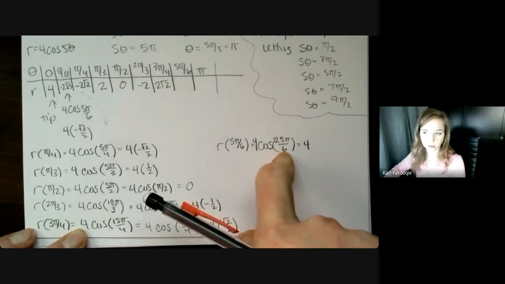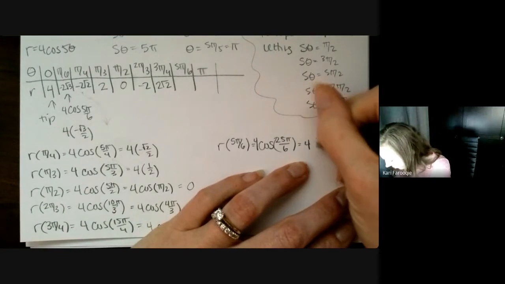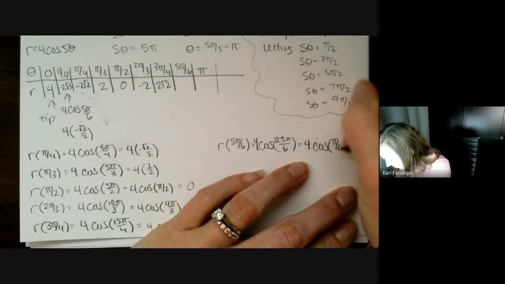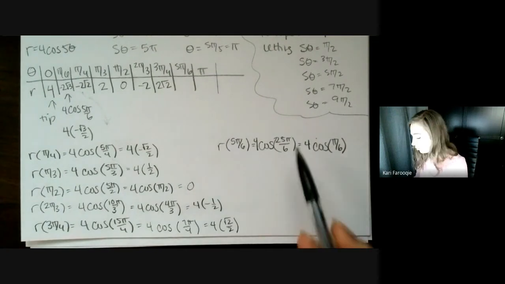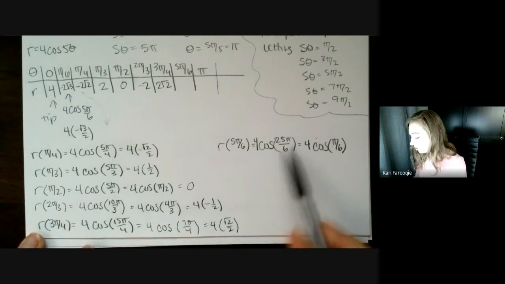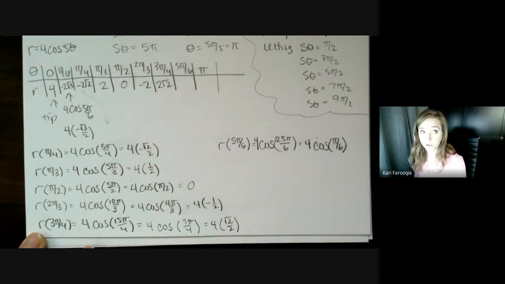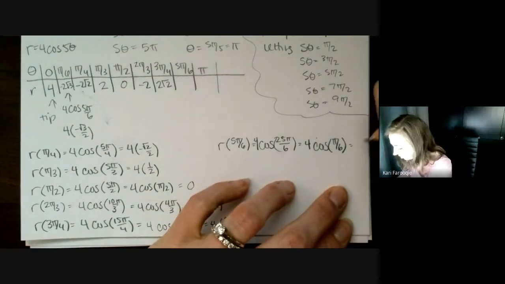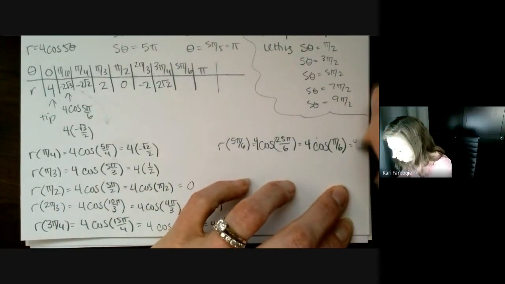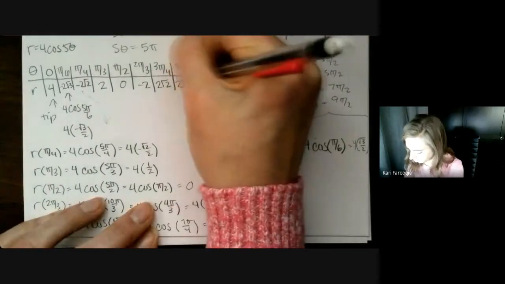Take away another 12 pi over 6, and you just get pi over 6. That brings you back to quadrant 1 again. So you're taking off 4 pi in this case, which is 24 pi over 6. And that gets you here. So cosine pi over 6 in quadrant 1 is positive. 4 times root 3 over 2 is going to be 2 root 3.